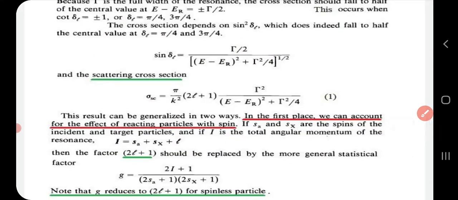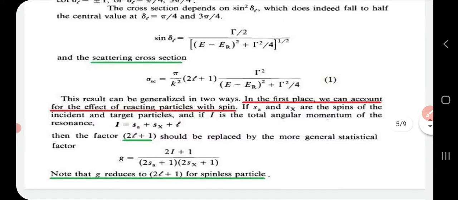Then the result of the scattering cross section given by equation 1 can be generalized in two ways. In the first case, we take into account the effect of reacting particles with spin.